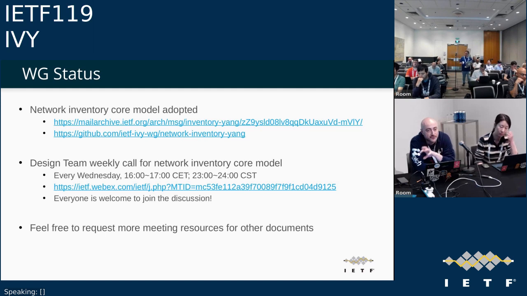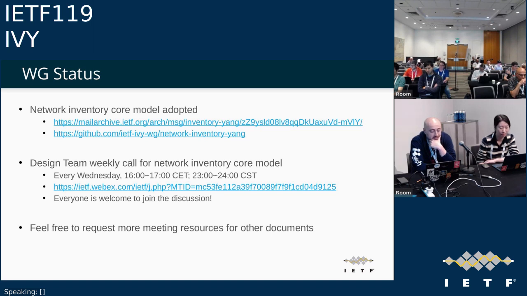What do we need to focus on, etc. So you will see in a minute a proposal on how to reduce the scope of the core model, so as to allow us to deliver something on time to be used by the industry, by the community.